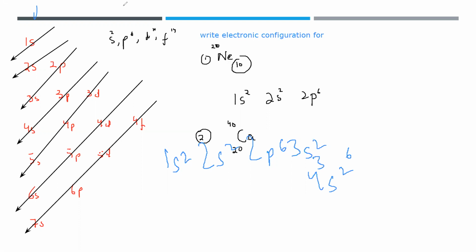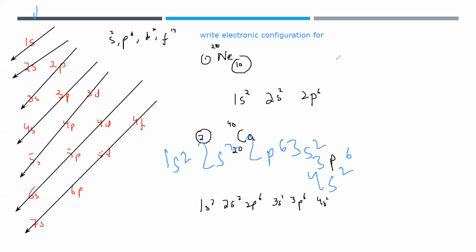This should be p. Yeah, that's right. This will be 3p6. And then it is 1s2, 2s2, 2p6, 3s2, 3p6, and 4s2. So you can see we arranged 20 electrons.